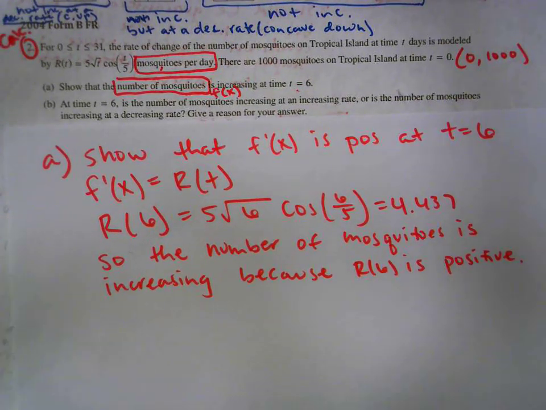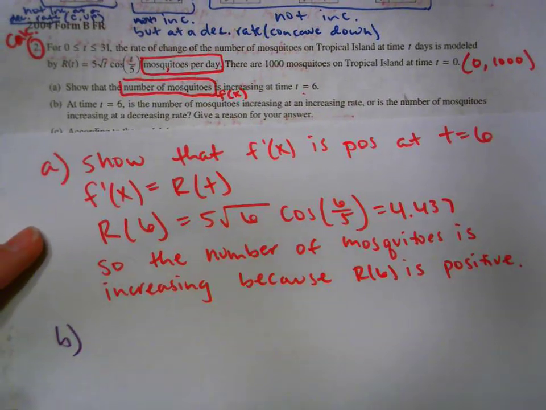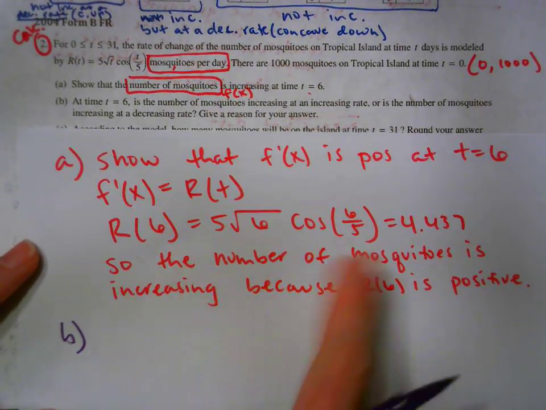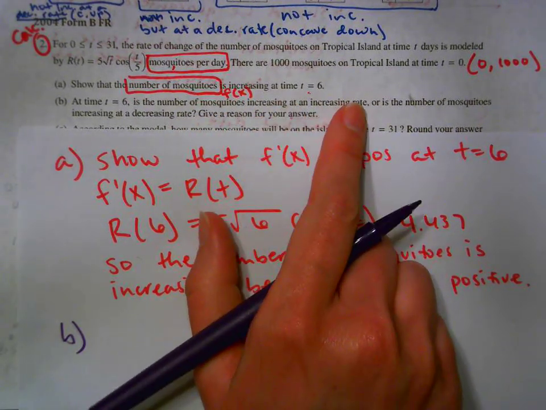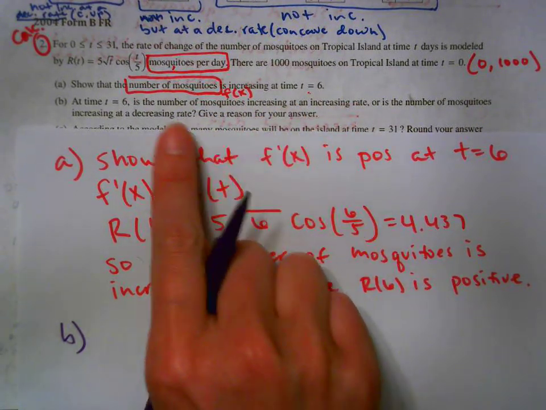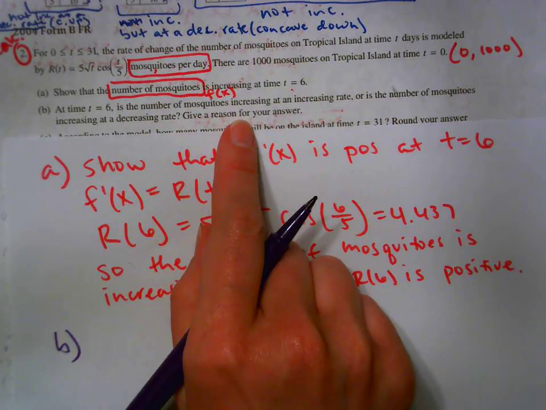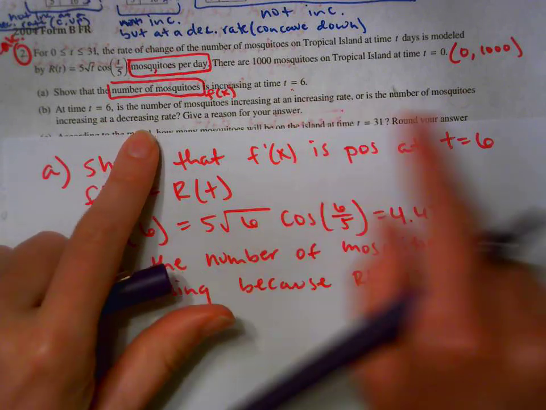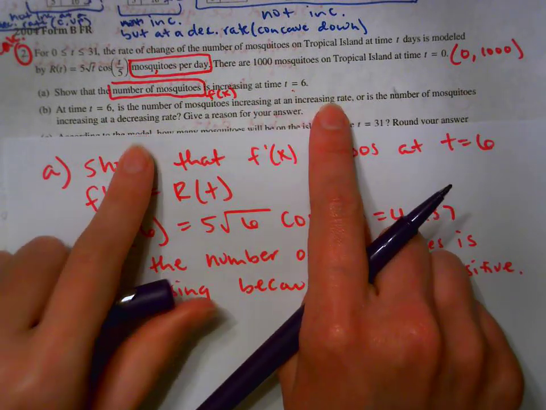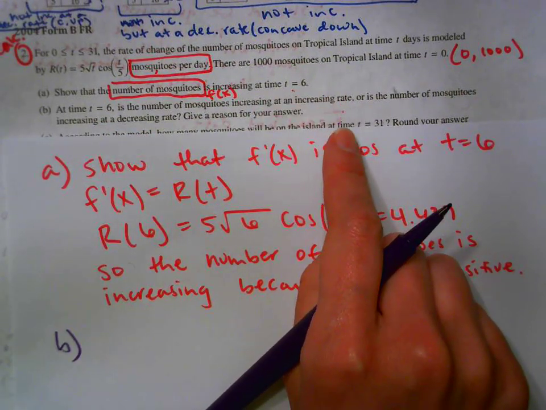Okay, so part B says at time t equals 6, which is what we just talked about, is the number of mosquitoes increasing at an increasing rate, or is the number of mosquitoes increasing at a decreasing rate? Give your answer. So we just determined it's increasing, but now we're trying to determine, is it increasing at an increasing rate or increasing at a decreasing rate?